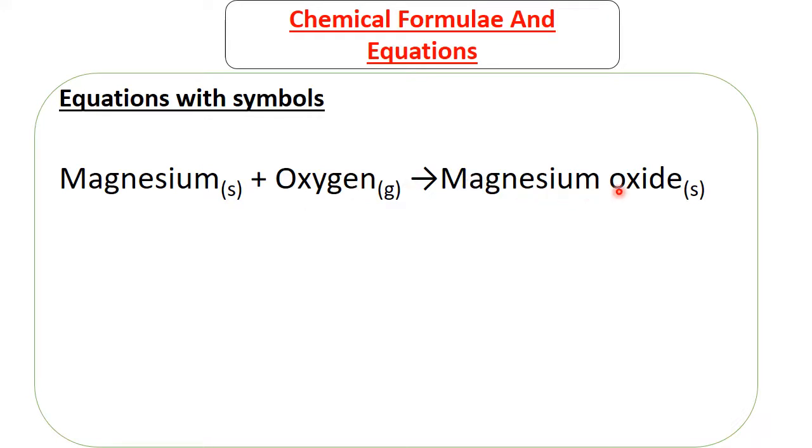Another thing is magnesium oxide. You have to learn how to write magnesium oxide using chemical formulae. So what is the chemical formula for magnesium oxide? You have to remember valences. Magnesium has a valence of 2 and oxygen has a valence of 2. So if these two combine, it's going to be Mg2O2. Since the twos are the same, they are going to cancel and we're going to have MgO.